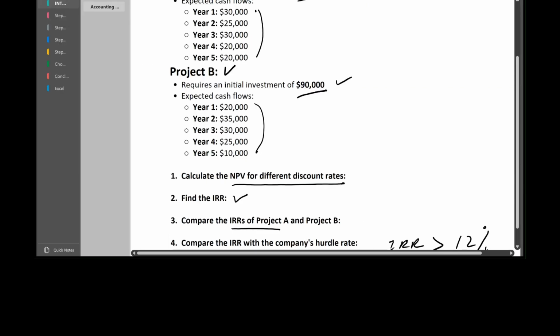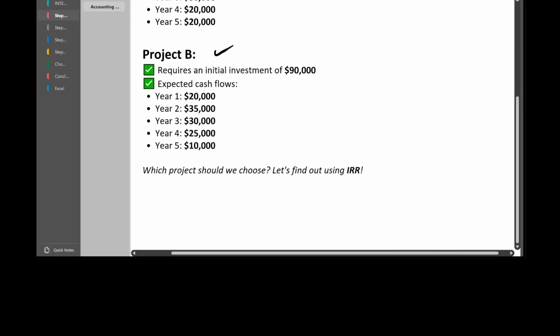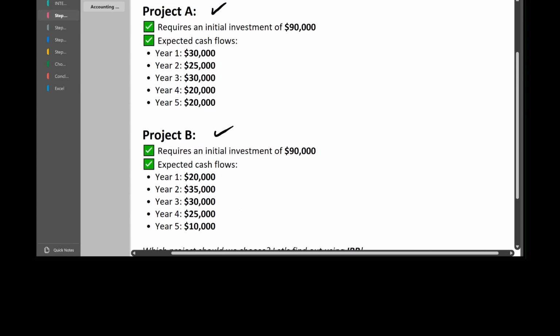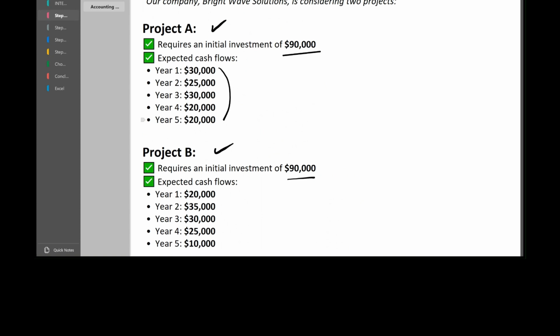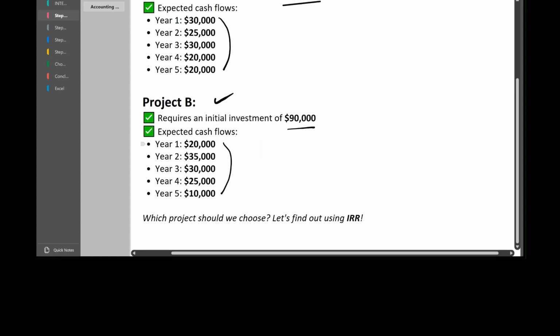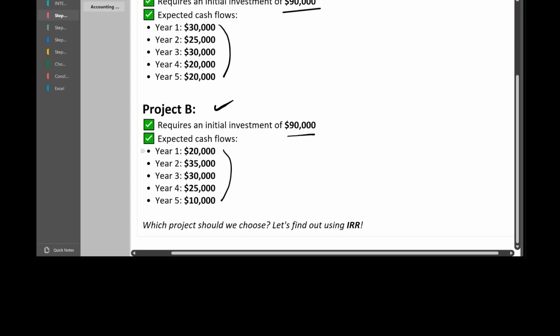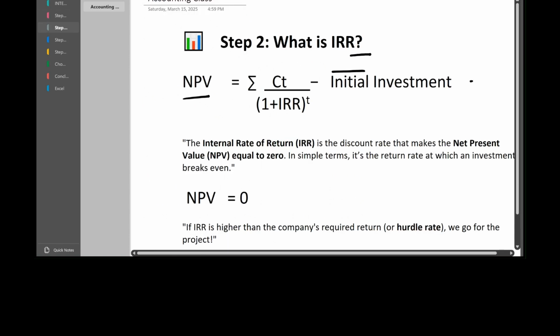Now, to solve this problem, we're going to lay out the data like that. You have both project A and B, and both require $90,000, and both have cash flow over a 5 year period. Step two: what is the IRR, the internal rate of return?